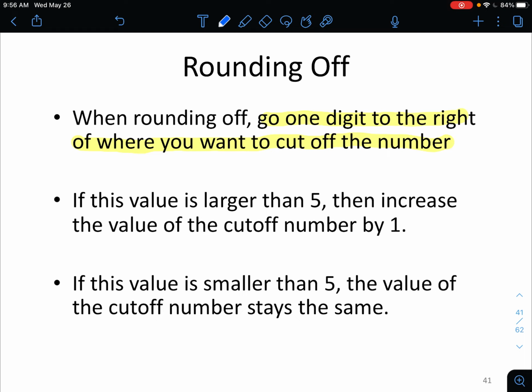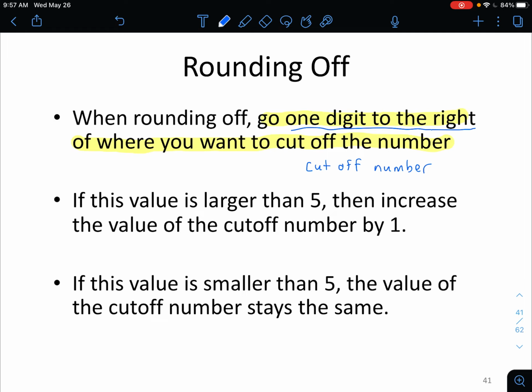So when we talk about the cutoff number, that's based on the rules telling us what's the last digit that we want to keep based on the rules about addition and subtraction or multiplication and division. And then we go one digit to the right of that.